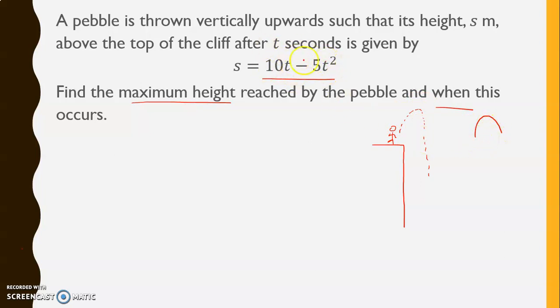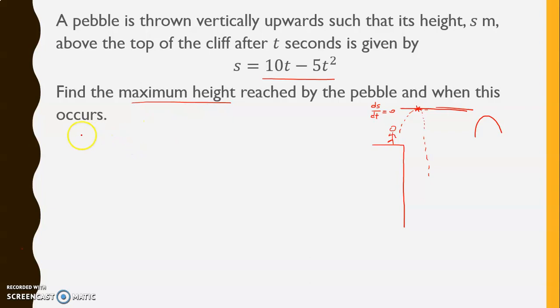That's why we have a quadratic function here. So if we want to find that maximum height, we want to find this point here where the gradient is 0. So ds dt equals 0 over there.